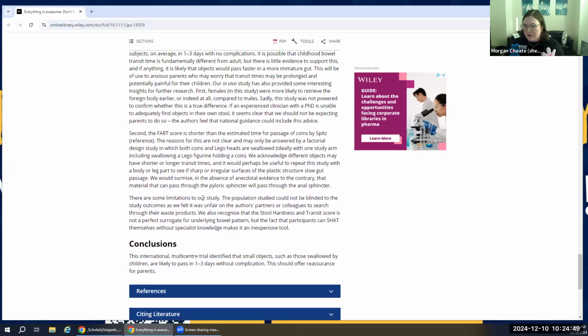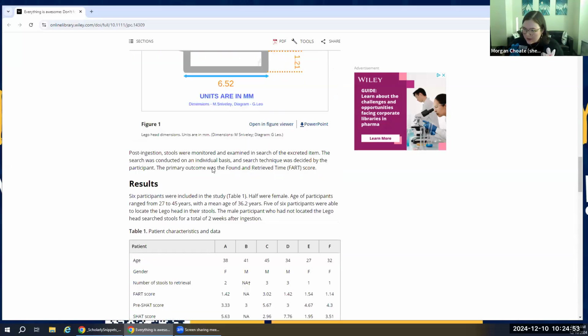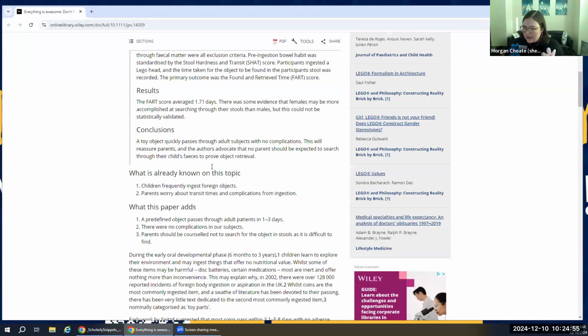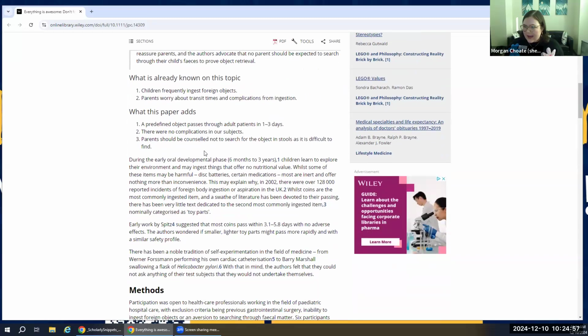But I will show you both in this conclusion section and all the way back up here at the top, they noted what this study adds. And their conclusion here says a predefined object passes through adult patients in 1 to 3 days, which is not technically incorrect based on their data.